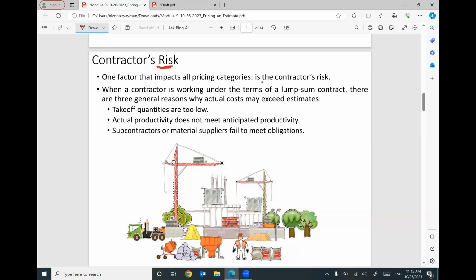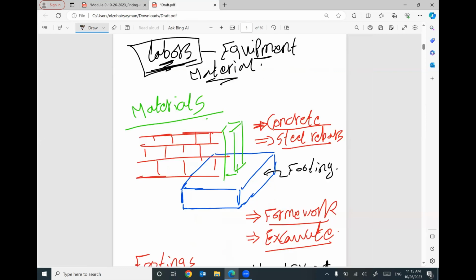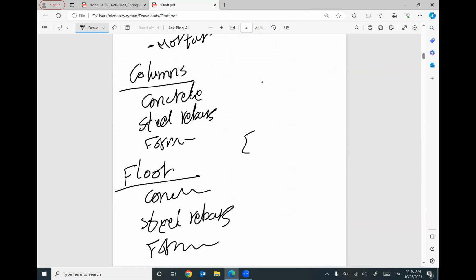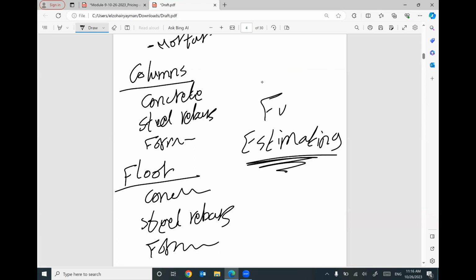One factor that impacts all pricing categories is the contractor's risk. The contractor is worrying about the future. And keep in your mind, as a reminder, we are talking about estimating. Estimating means we are going to construct something in the future.